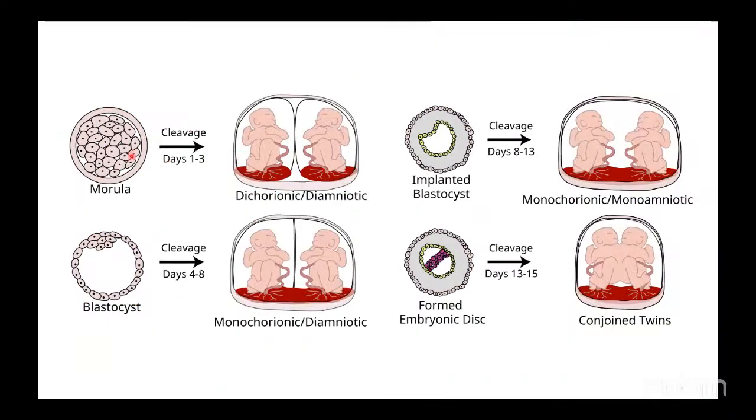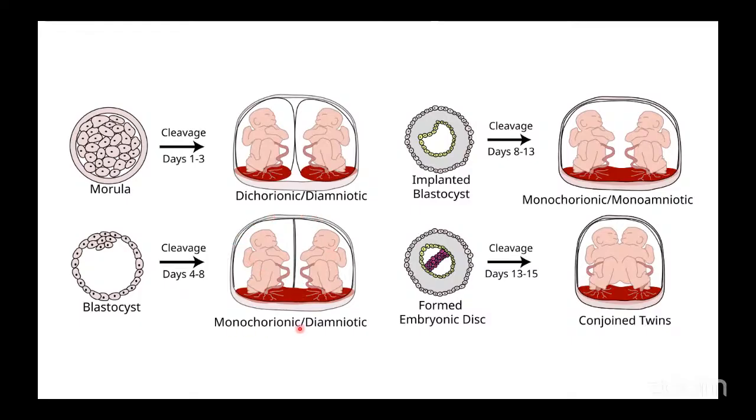Yeah, all right. So if cleavage or separation occurs early on, in day 1 to 3, you'll have dichorionic, diamniotic. Okay, so the chorion is the future placenta. So you can see these separate placenta, two placenta. Diamniotic, two amniotic sacs, all right? So they don't swim in the same amniotic fluid. If cleavage occurs days 4 to 8, they have one placenta but two amniotic sacs.